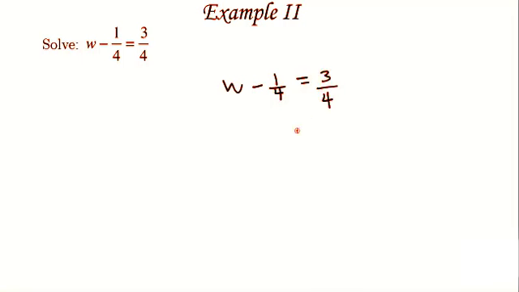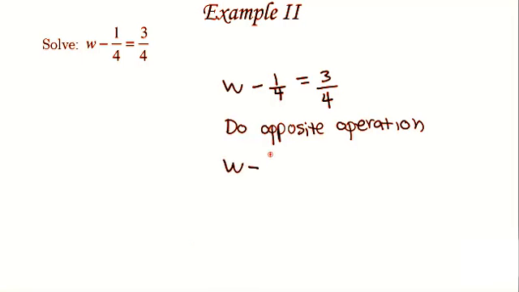This time, the value with the variable is negative, so I want to do the opposite operation. Since it's w minus 1/4, I'm going to add 1/4 to both sides.